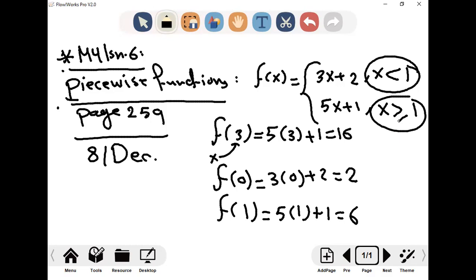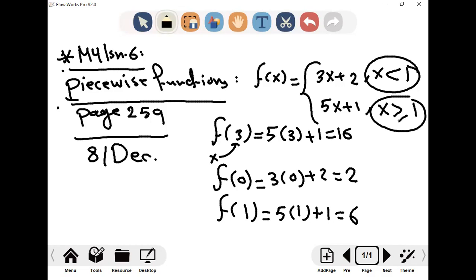So the piecewise function is a function with more than one rule. Each rule defined on a specific part of real numbers. The first rule, 3x plus 2, what we call? We call it linear function, right? We know how to graph linear function. We talked about a lot of examples of how to graph linear functions, right?